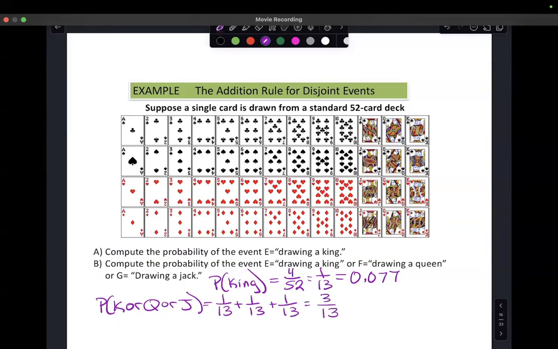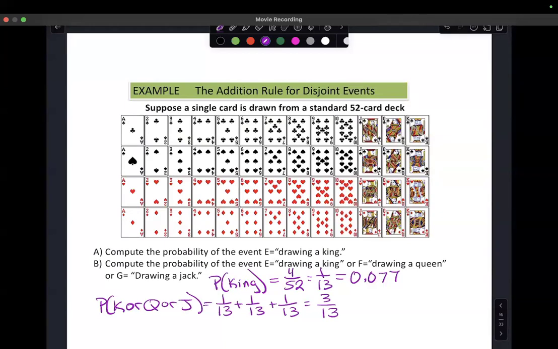So it's 3/13 because there's three of them. So it was king, queen, or jack. Yes. Makes sense. Are we okay? Yeah. No worries.